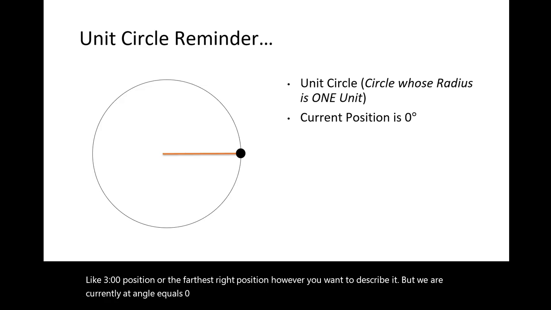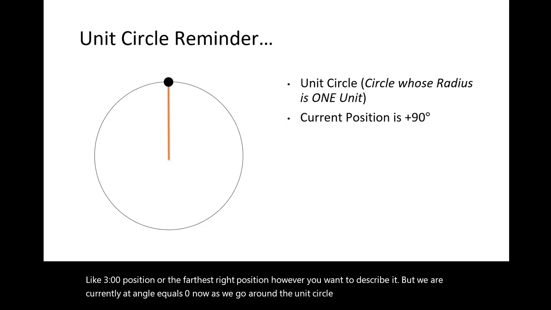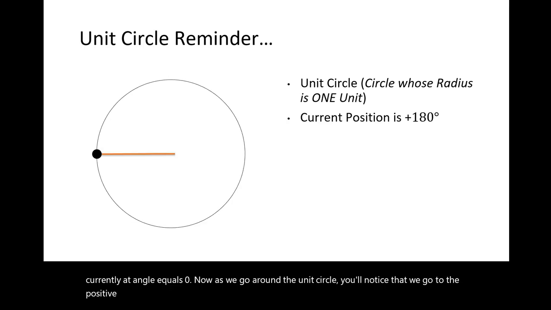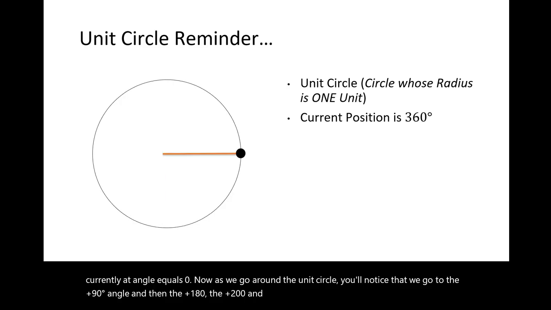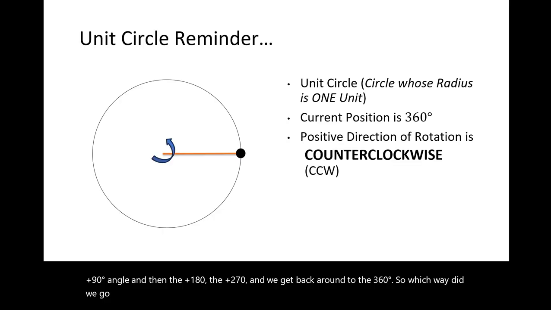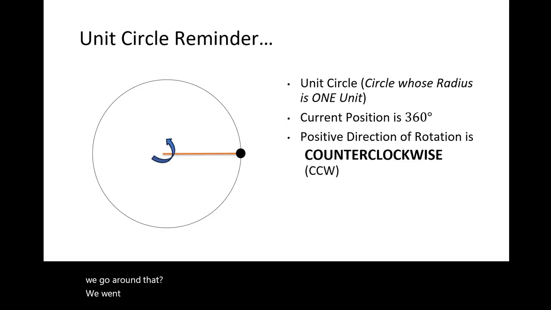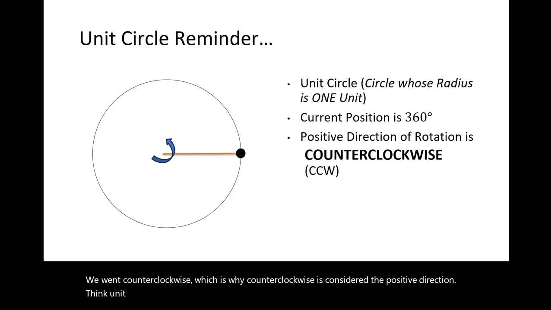Now, as we go around the unit circle, you'll notice that we go to the positive 90-degree angle, and then the positive 180, the positive 270, and we get back around to the 360-degree. So which way did we go around that? We went counterclockwise, which is why counterclockwise is considered the positive direction, think unit circle. And that means clockwise, negative direction.